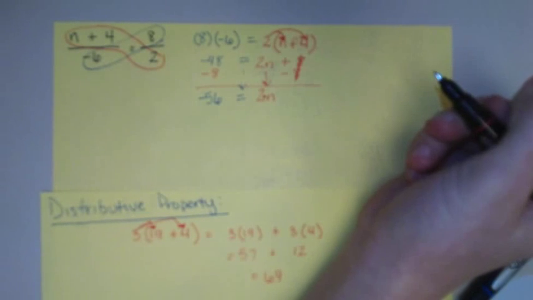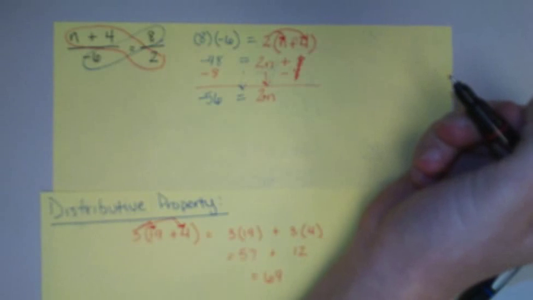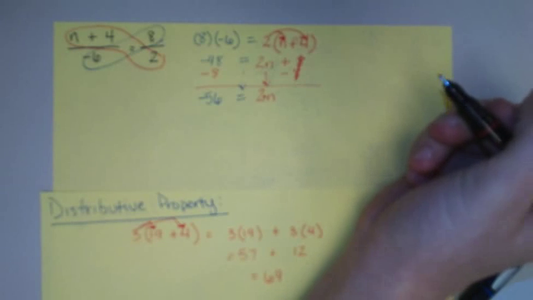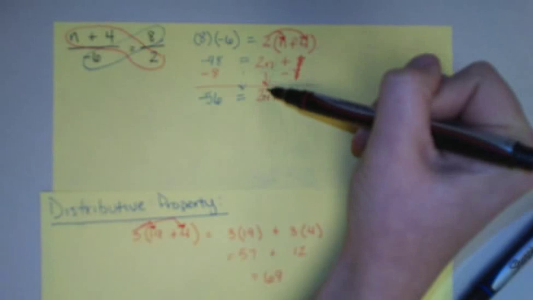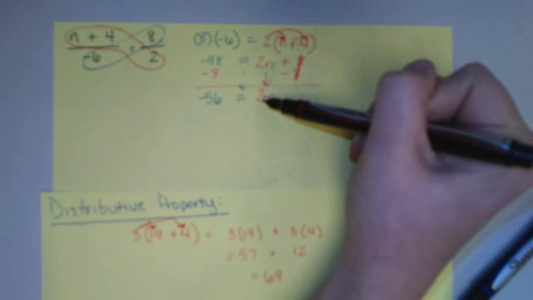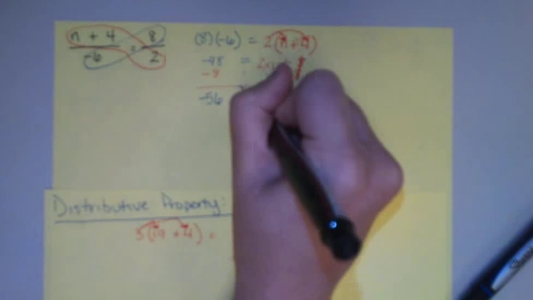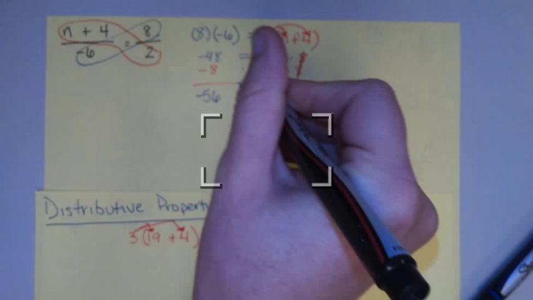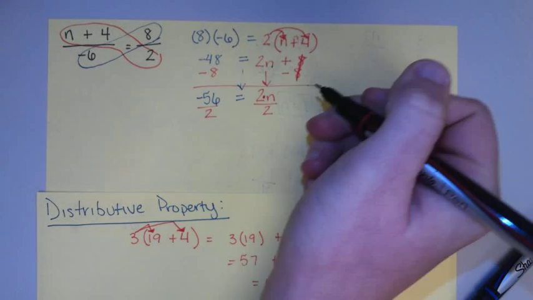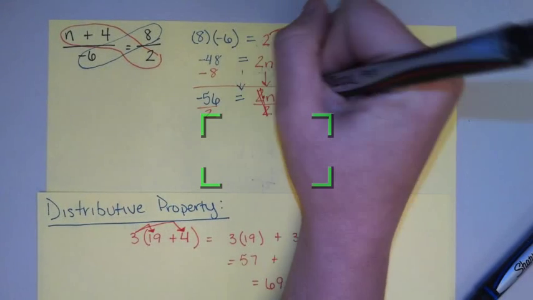Okay? This is something that you're just going to have to keep in your head and remember. When you don't see a sign here in between your number and your letter, that means multiply. So you want to do the opposite, which is divide by 2 to each side. This 2 will cancel.